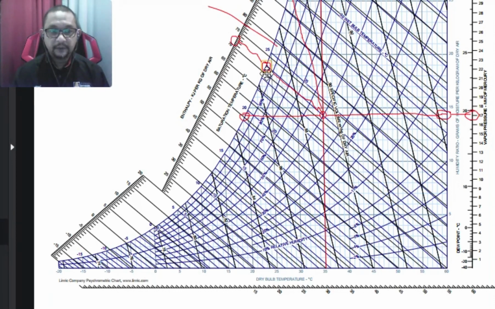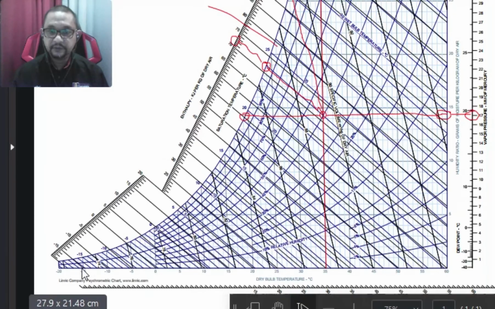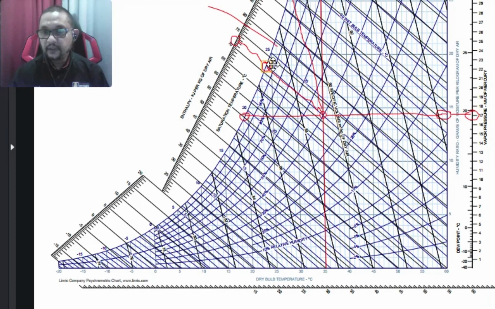So the wet bulb is about 24 degrees Celsius. When you see in the chart, this is 24 degrees Celsius for the wet bulb temperature.